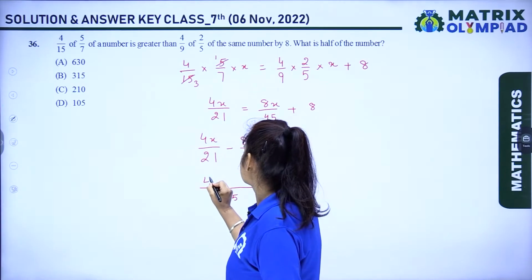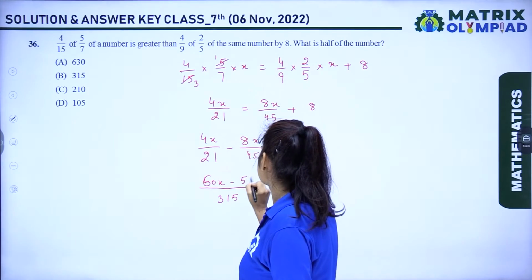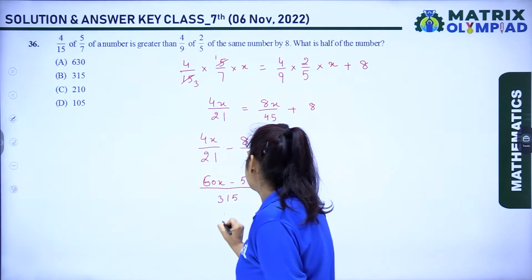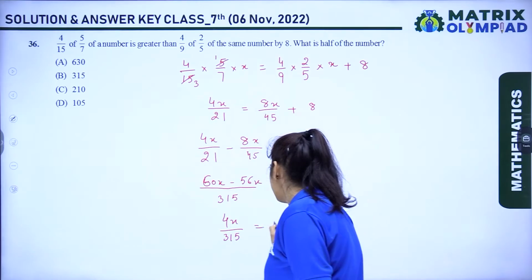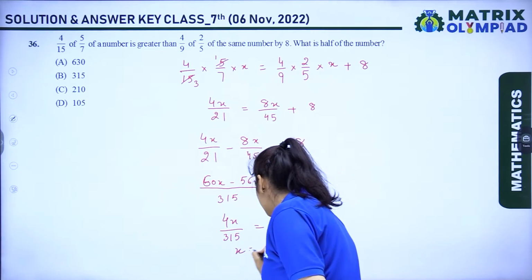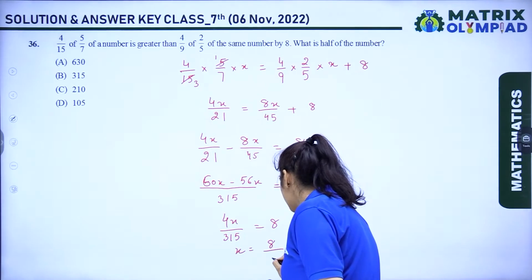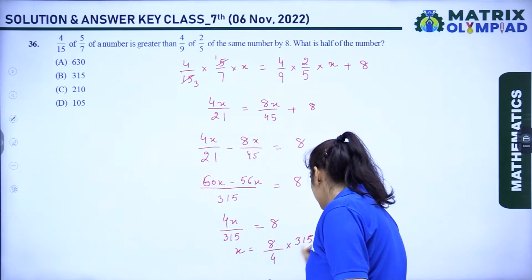It's 60x minus 56x equal to 8. So here we get 4x upon 315 equal to 8. So x is equal to 8 upon 4 multiplied by 315.